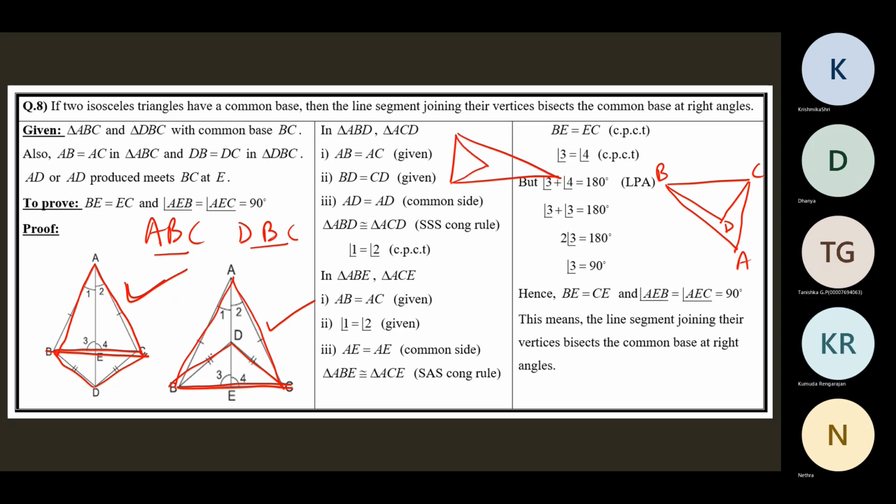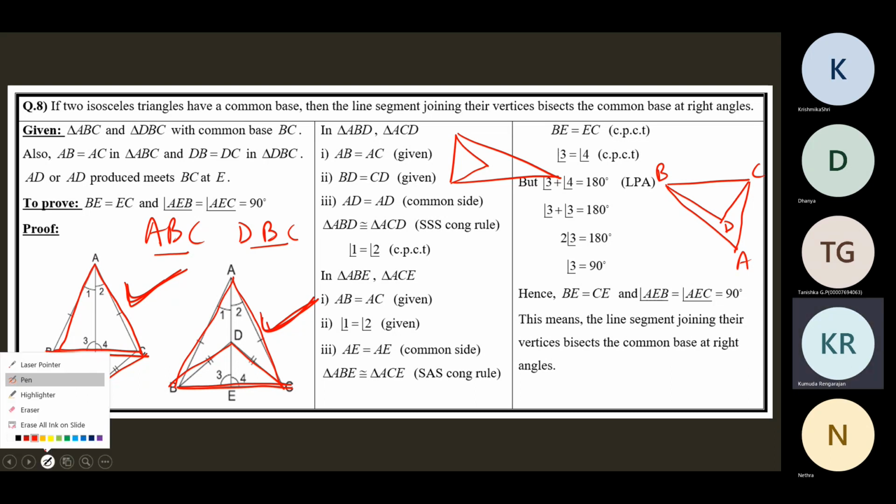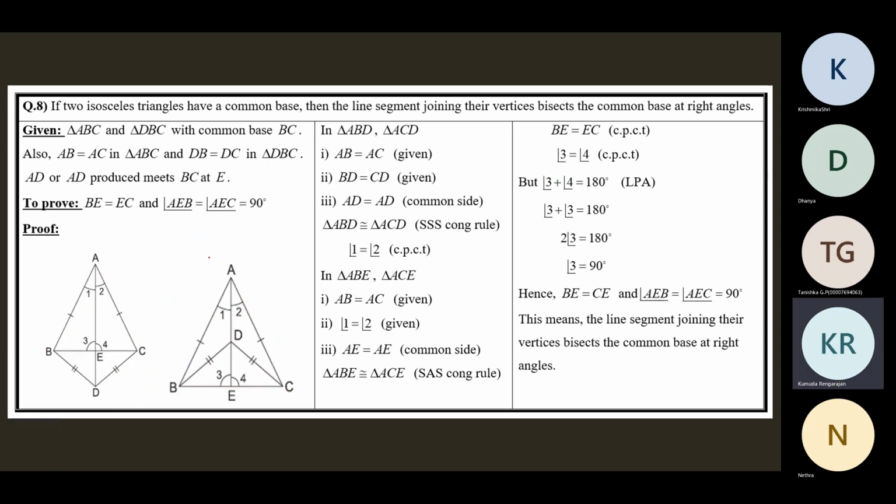So these are the only two possible things, that is, on the same side and opposite side. It's a representation. This one is on the opposite sides, this one on the same side. You can rotate this figure and draw it in any way. So when there's a common base with two isosceles triangles, we have two cases.